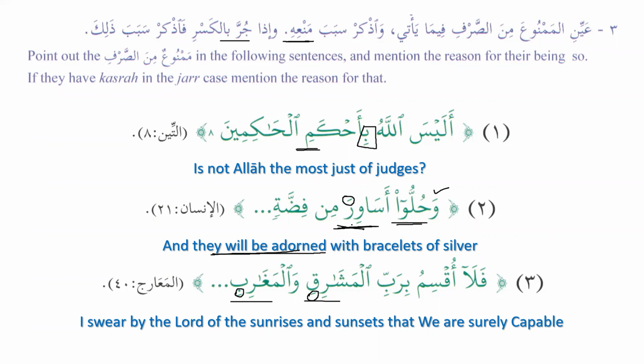Because it's mansub, because it's maf'ul bihi, right? So there is no need to put kasra, because we put kasra for two reasons: when it is being used as mudaf ilayh, or when there is a harf jar before it. But here it is mamnu min as-sarf, it does not accept tanween. However, it is mansub, and we know that a mansub noun will be mansub bil fatha, as we can see here.